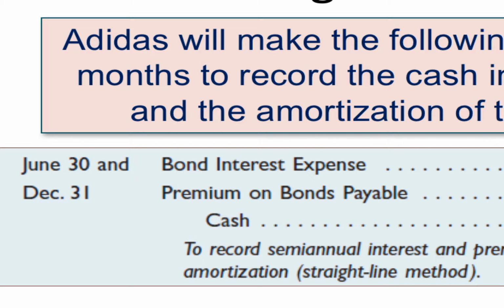So like I said, it functions the exact same way, just flip premium, discount, and debit and credit.